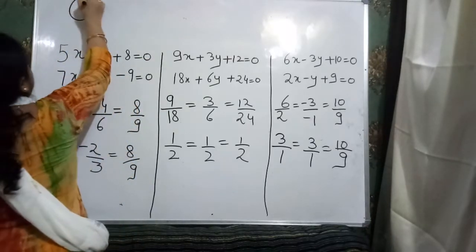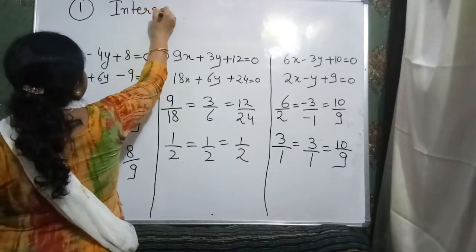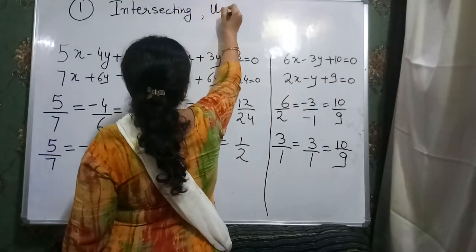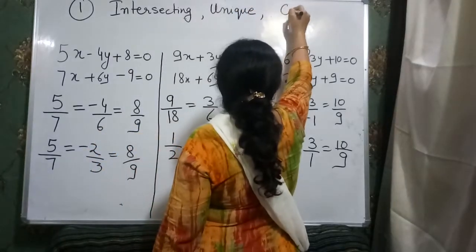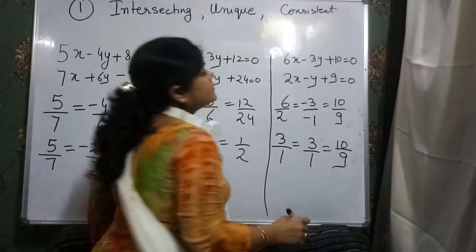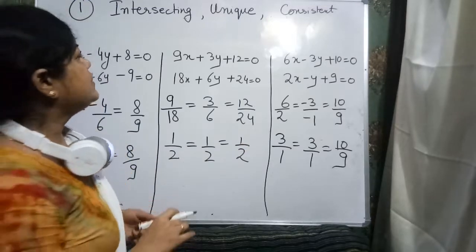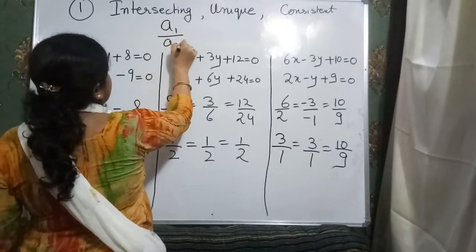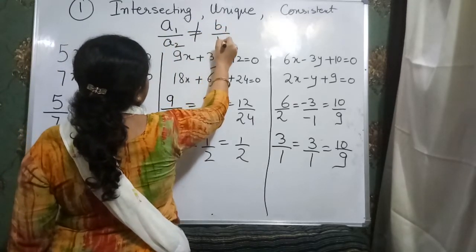Firstly, intersecting, unique solution and consistent. All three properties hold for the equations which satisfy A1 over A2 is not equal to B1 over B2.